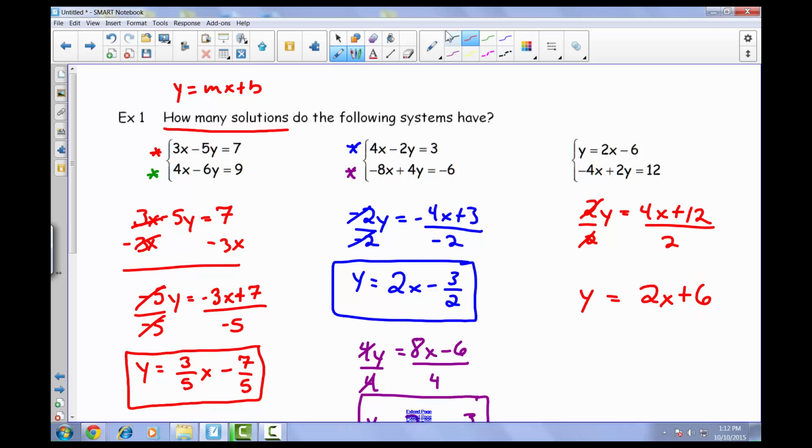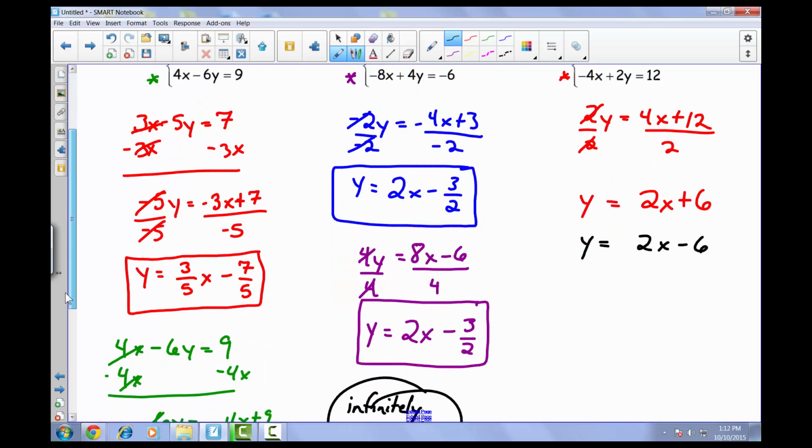Now when we compare that with our other line, originally the black one was 2x minus 6. Notice that they have literally the exact same slope, different y-intercept. Well, then those are going to give us two parallel lines.